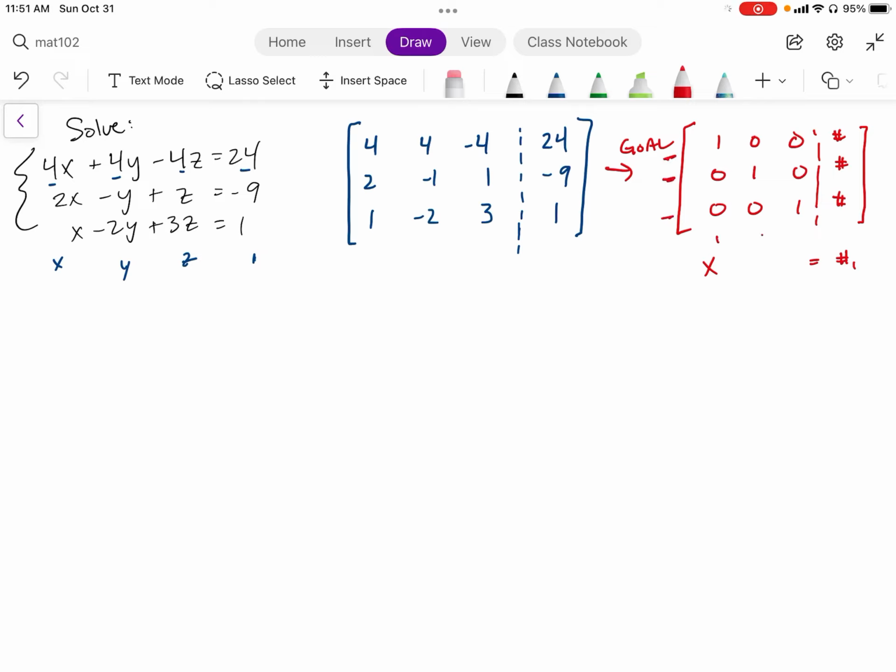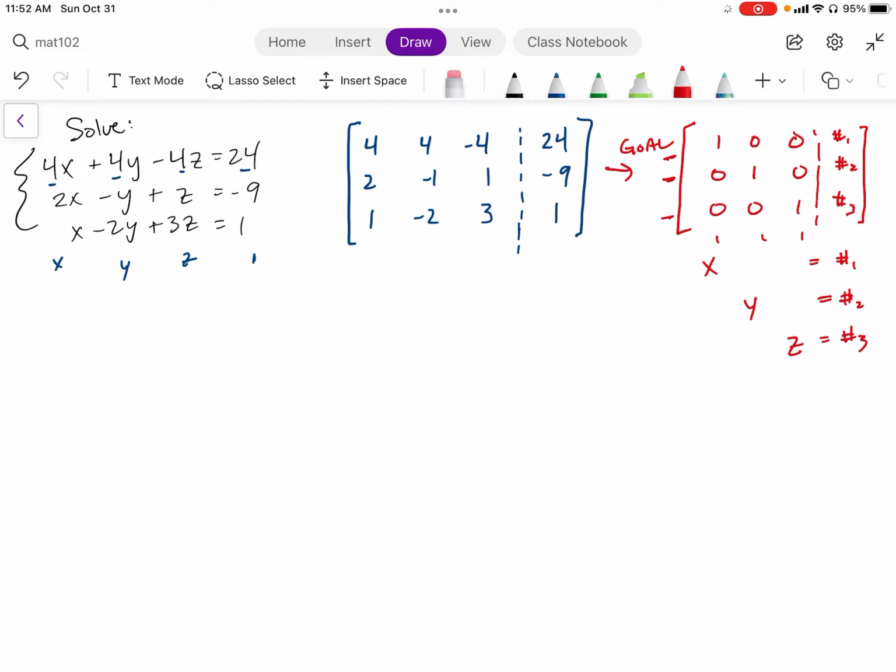These are columns. And our second row says 0x plus 1y plus 0z equals some other number. Maybe it's the same, maybe not. Okay, and the last row, likewise, 0x, 0y, and 1z equals that third number. So essentially, if you can get it down to this form, you have your answers. You have your x, y, and z.